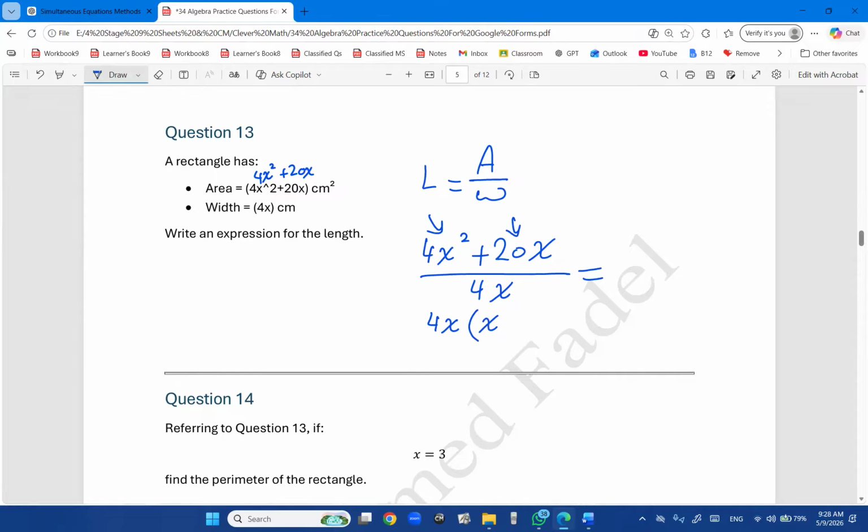Then inside the brackets, you're going to have over here 4x squared divided by 4x is just x. 20x divided by 4x is just 5. Then over 4x. This way, you simplify the denominator with the factor. So it equals x plus 5.